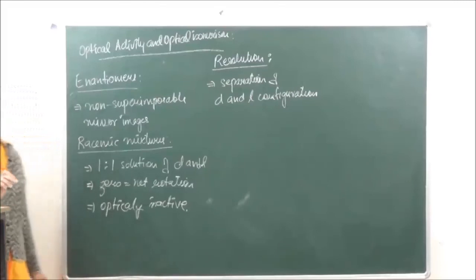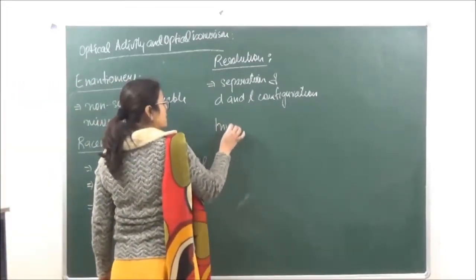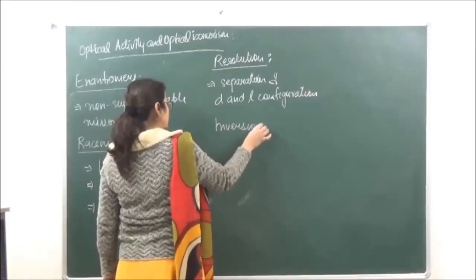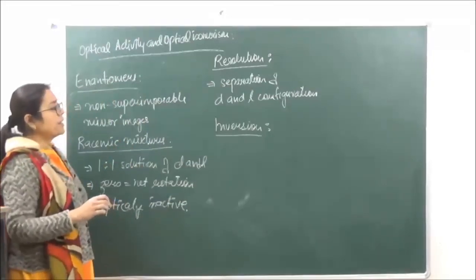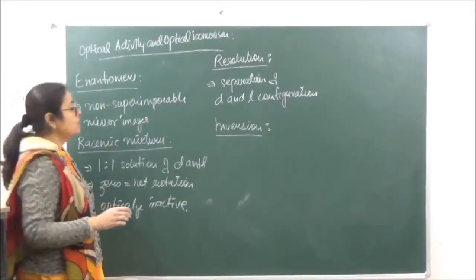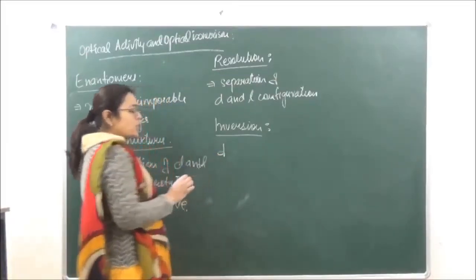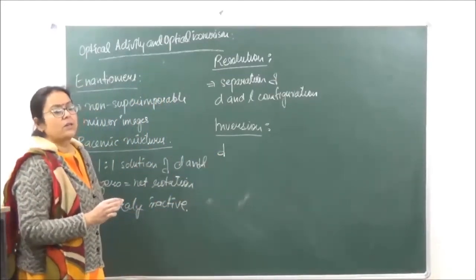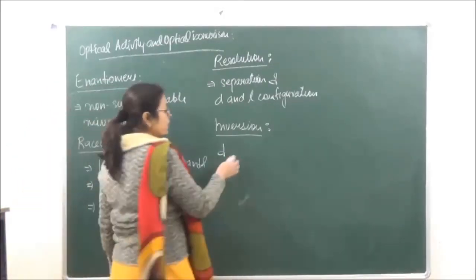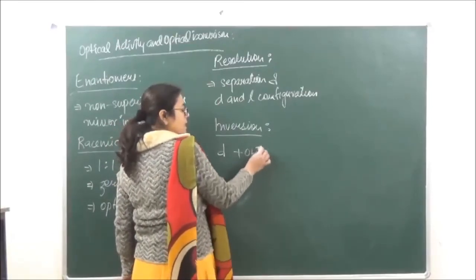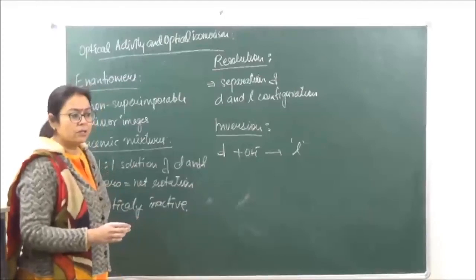Okay? And finally we come to inversion of configuration. What do we understand by inversion of configuration? It so happens that sometimes we start a reaction with a D configured organic substance, the reaction takes place, and we get a compound which is L configured.